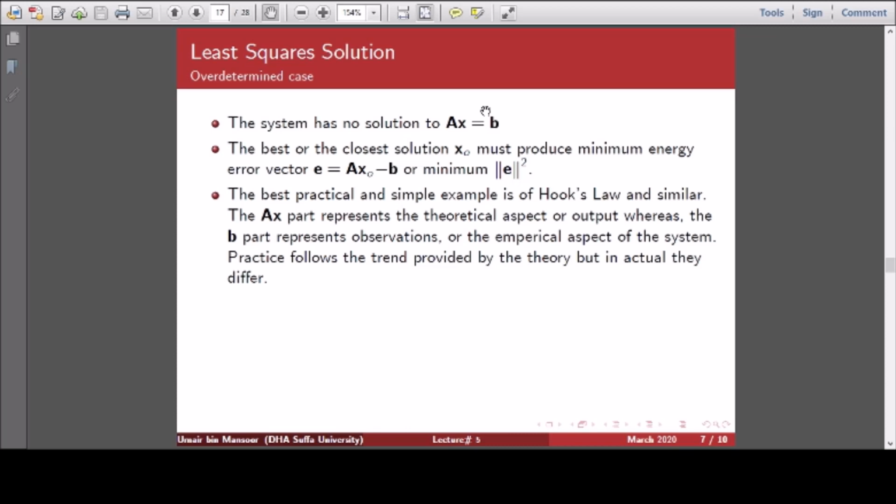But when you represent this system in a matrix notation, then this equal sign just represents that when you have an exact solution to the system, then it is equal. So in our overdetermined case, this means that this Ax is different than this b.